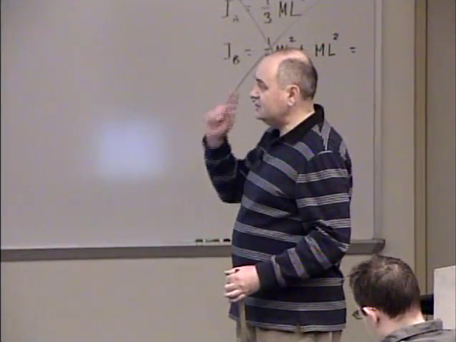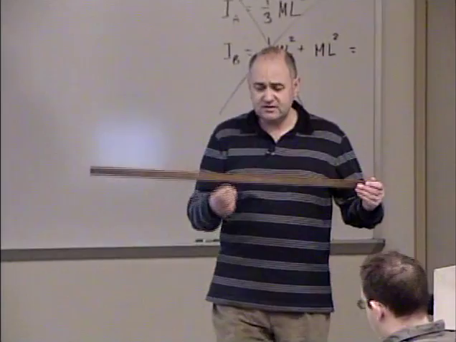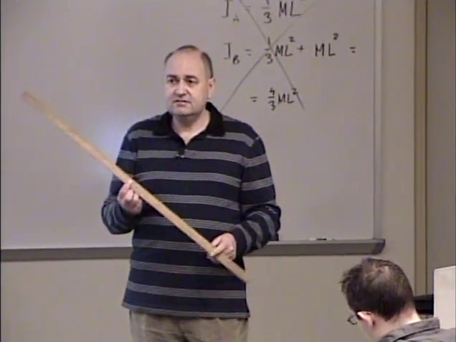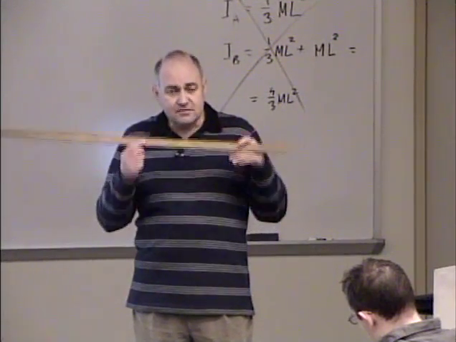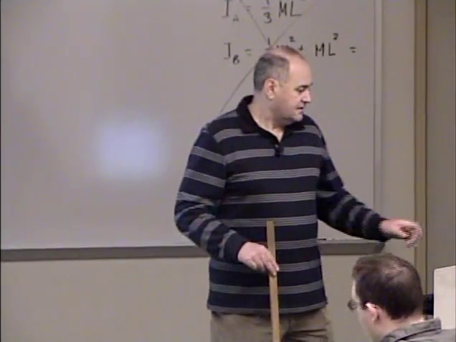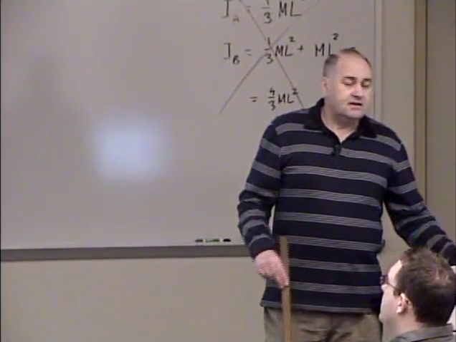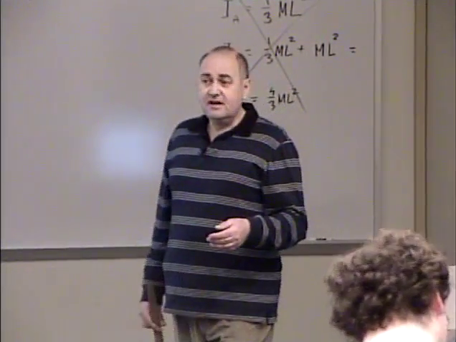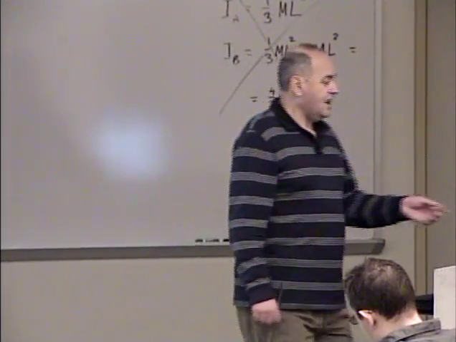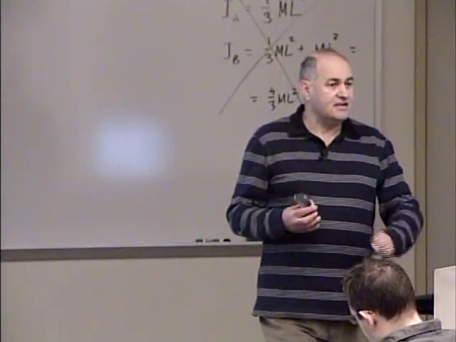So by definition, whenever we pick a certain point, whatever is the total kinetic energy of that rigid body with the point being a reference point is the rotational kinetic energy of the object. We can figure out that it must be related to how fast the object spins, so it is related to angular velocity.